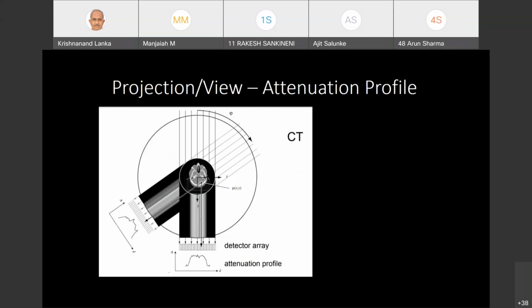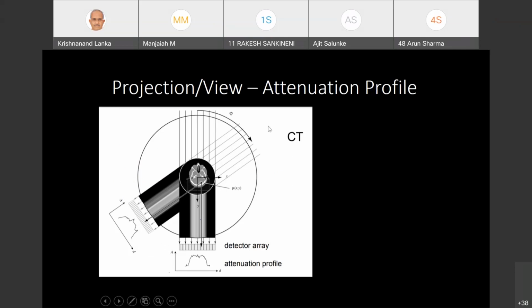So this is how X-rays are coming from this side, and this is a detector area made of CCD, charge coupled devices. The X-rays, say this is the human skull, right?